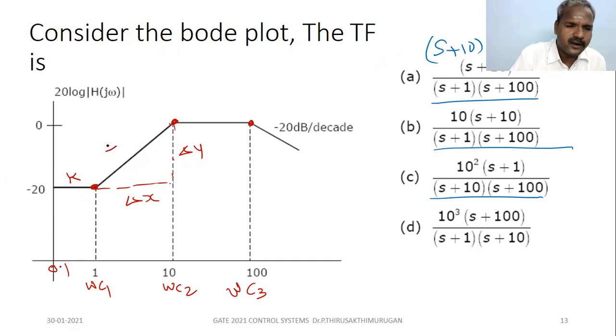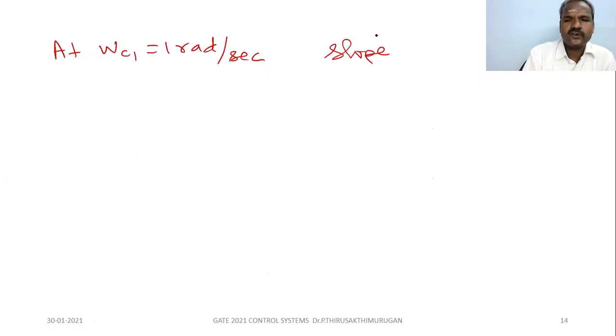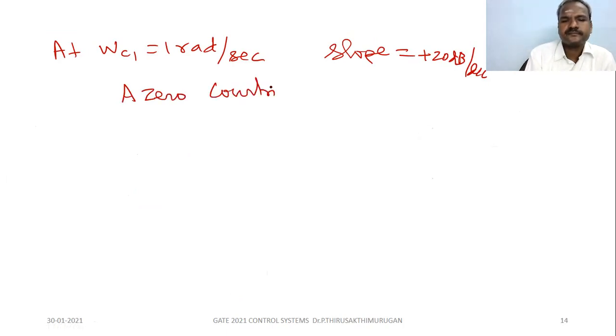So the slope contributing here is plus 20 dB per decade. Understand? So plus 20 dB per decade means a zero. A zero contributes plus 20 dB per decade. So the zero is at 1 radian per second.